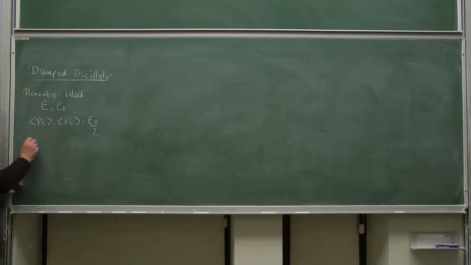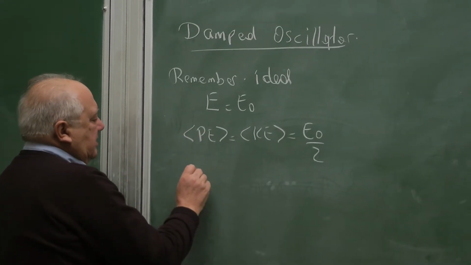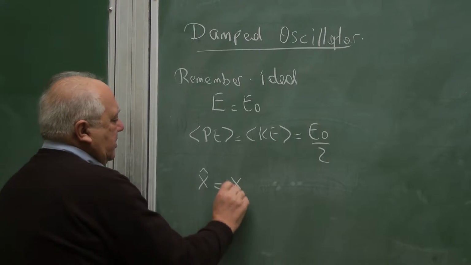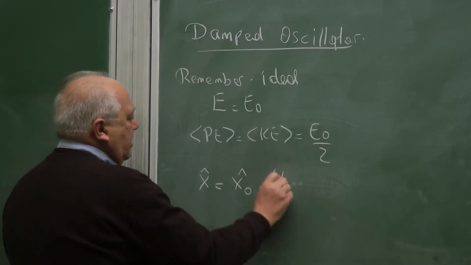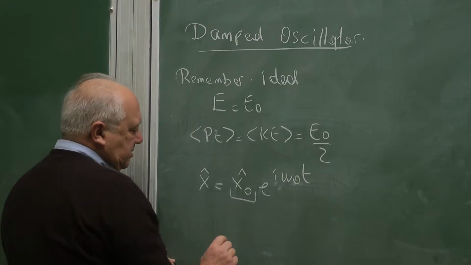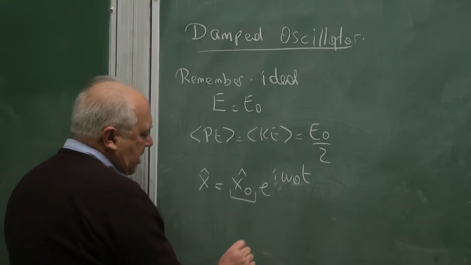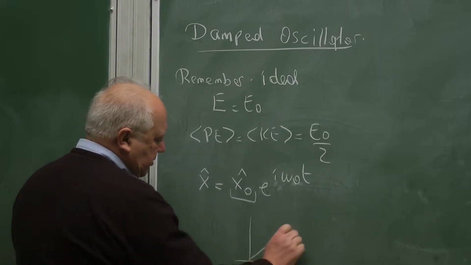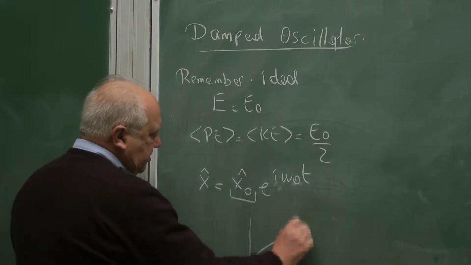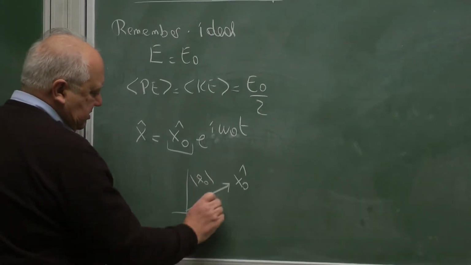So remember, we used in the ideal oscillator x0 e to the i omega 0 t, and this was a complex constant. A complex constant is like an arrow in the complex plane, x0. This is its magnitude, and this is its angle.